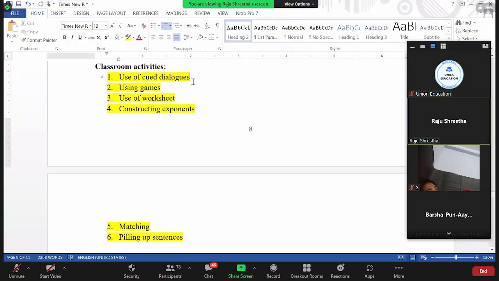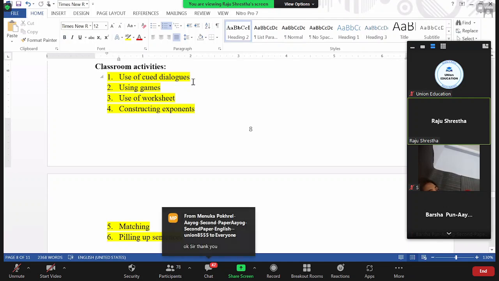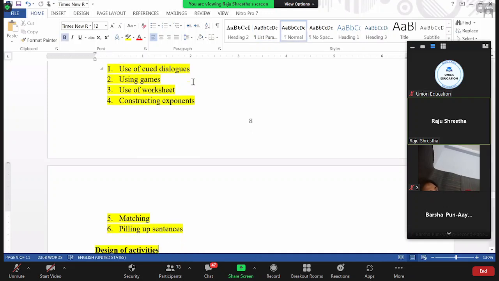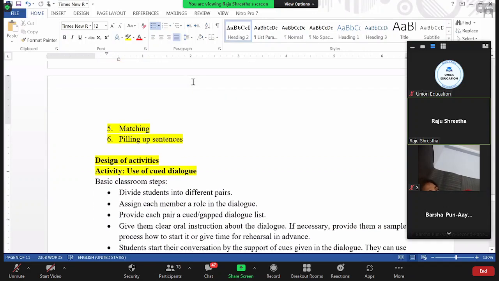In dialogue, of course, you can create cue dialogues. Provide some cues, then students engage there. Games and worksheets also you can prepare. Constructing exponents, matching, piling up sentences can be done.